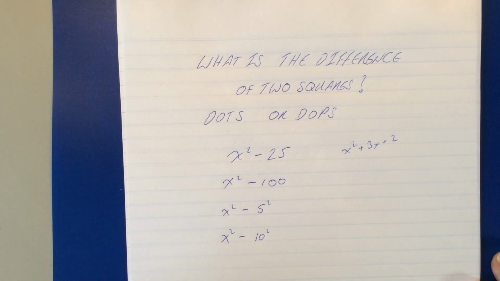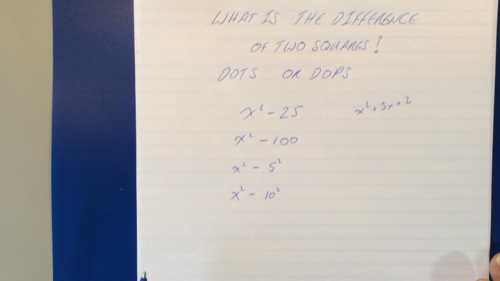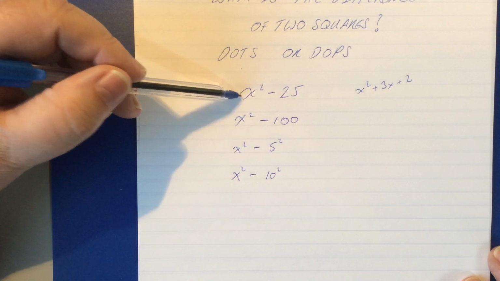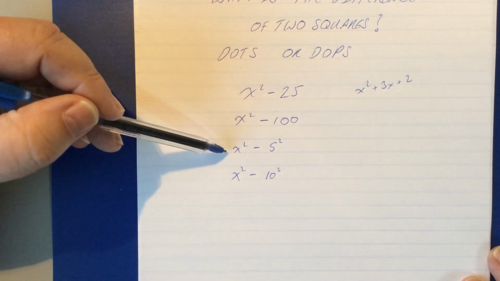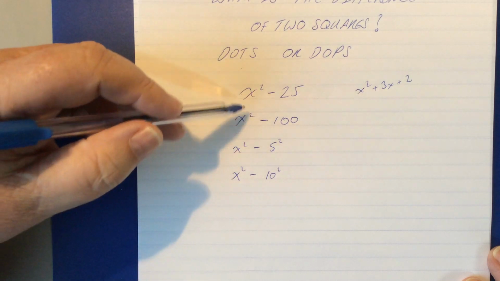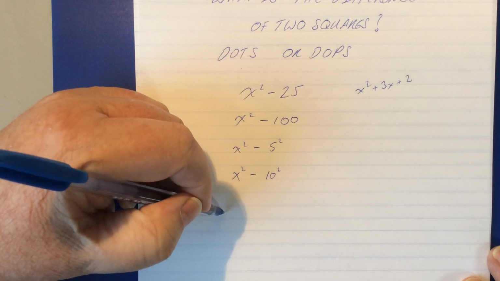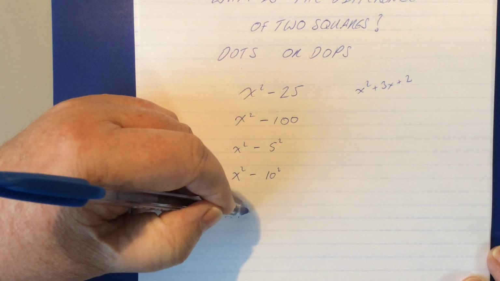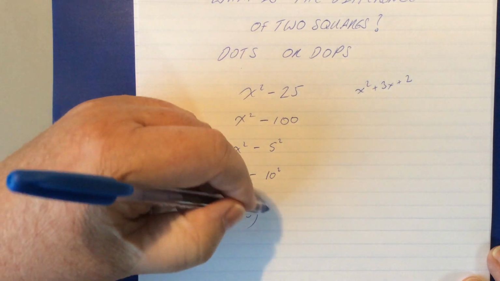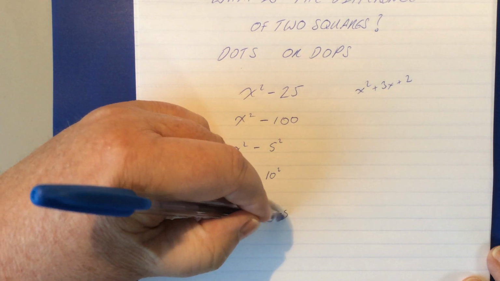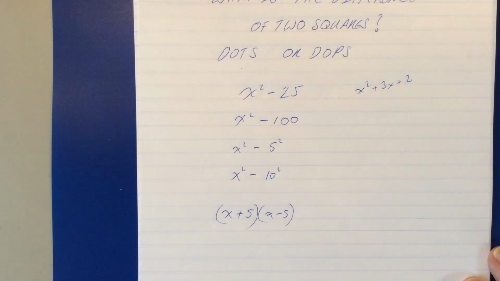Now, I hope that's helpful, but what it allows you to do is see how I get to my next step. So if we take this, which we can write as this, if we factorize it, we get the following: x plus 5, x minus 5. So this factorizes into two brackets.